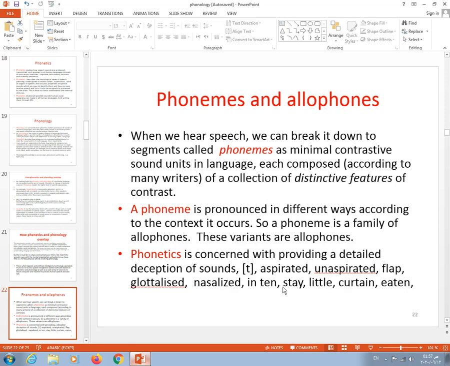If you ask anyone, it's t, although there are so many kinds of t here, so many allophones.